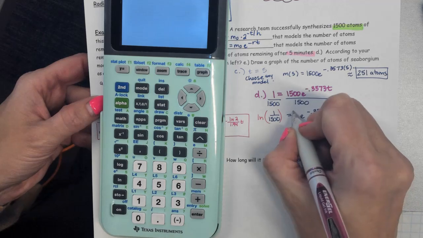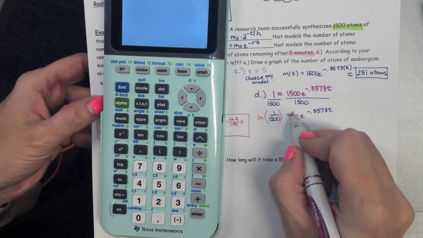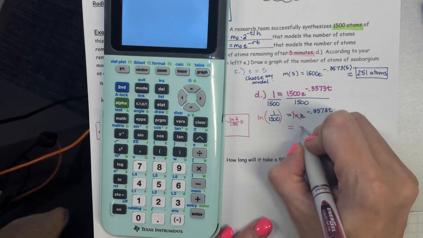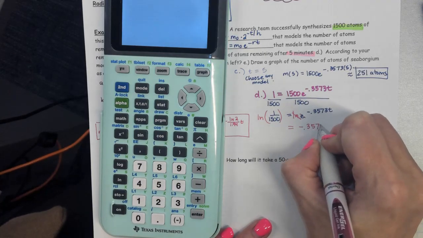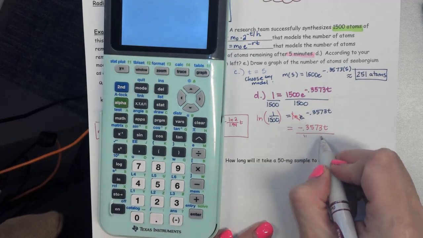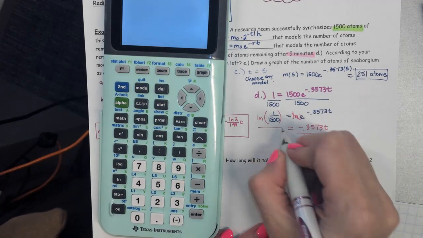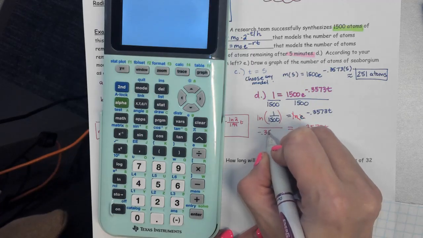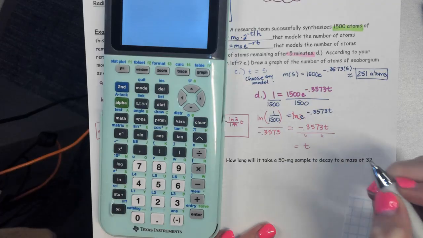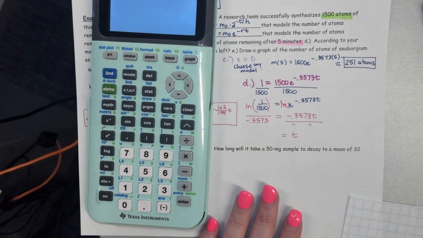If you choose the model with a base of 2, then you're going to take the log base 2. Either way, you're going to get a value that is going to be brought down by the power law, and then you're going to divide for this model, so negative 0.3573.